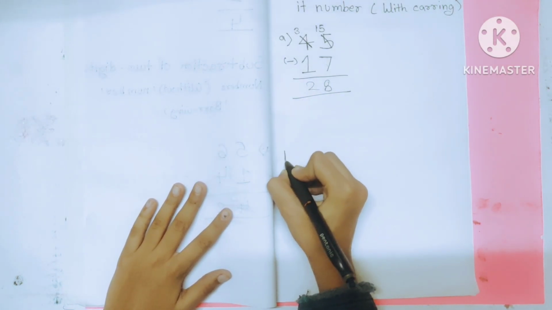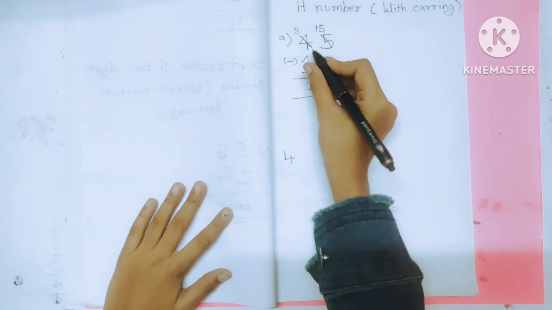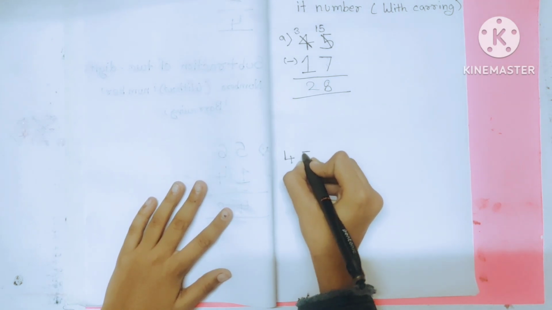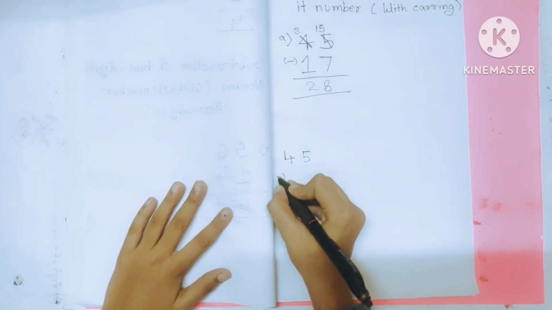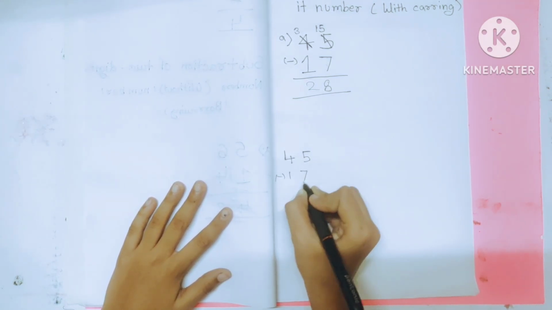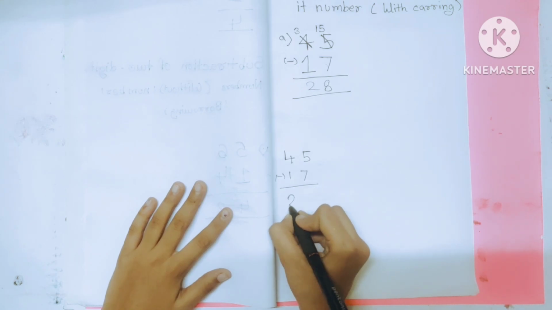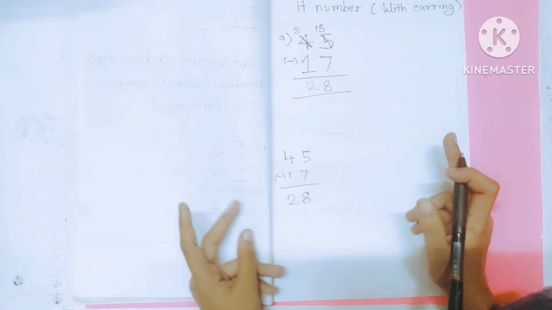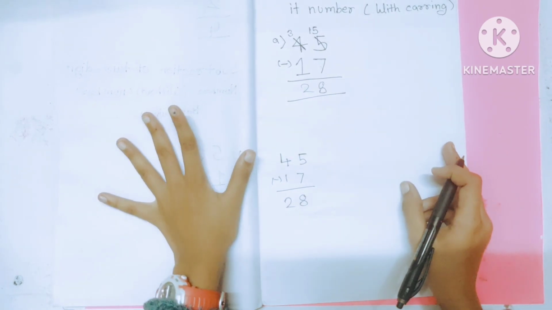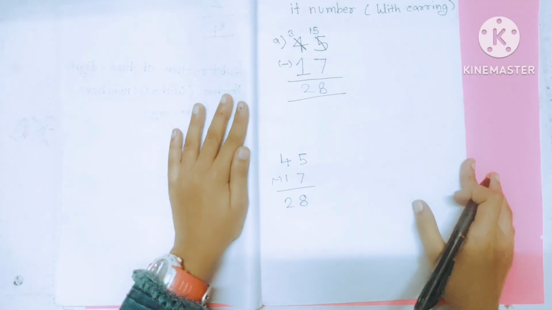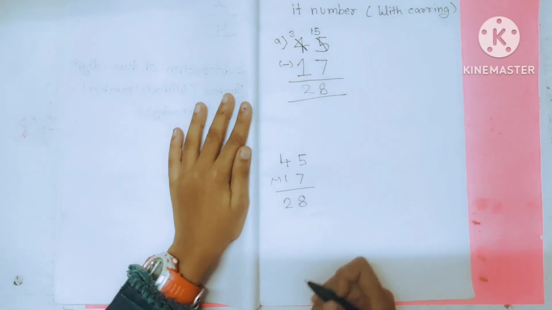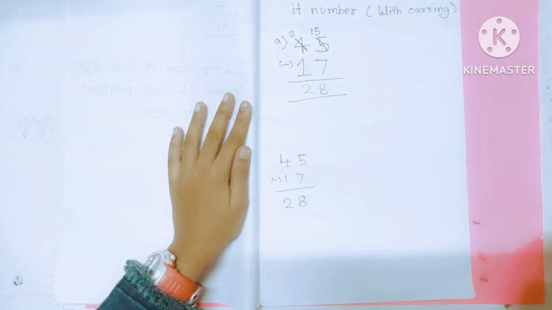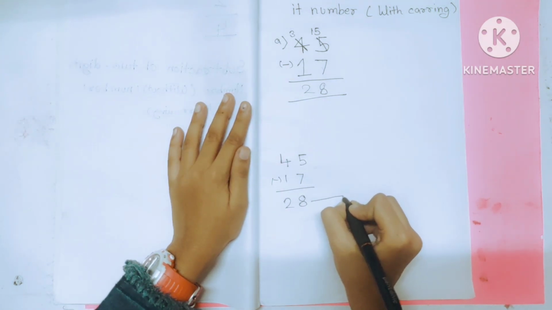I have taken the numbers 45 subtracted by 17 equals 28. So we carried a number here. For checking it, what will we do?